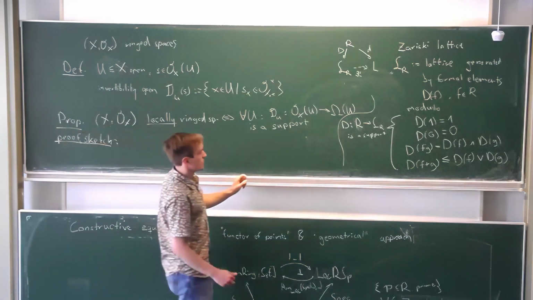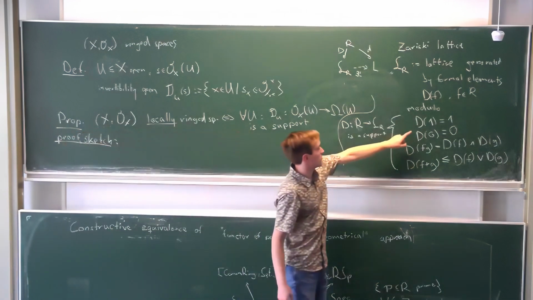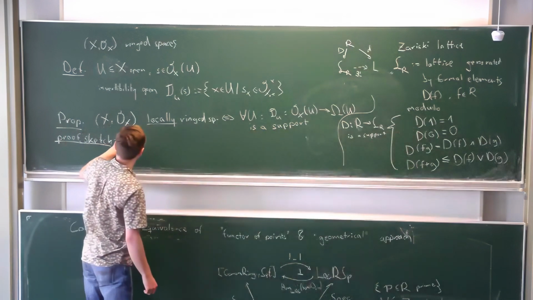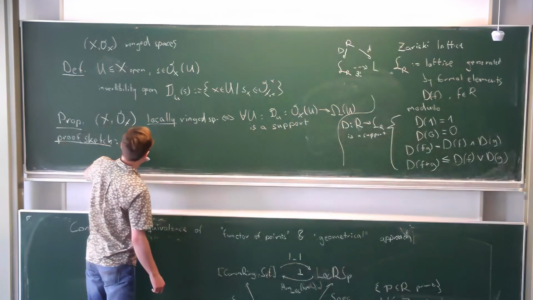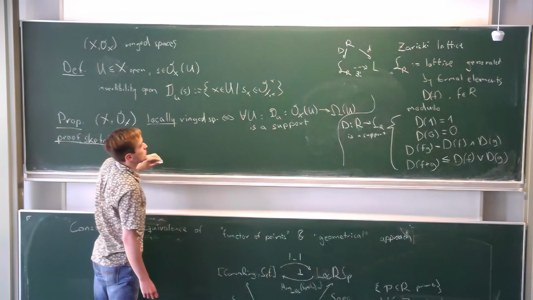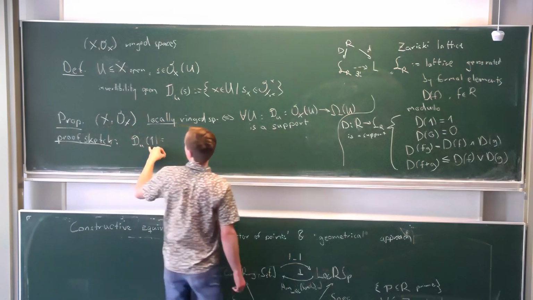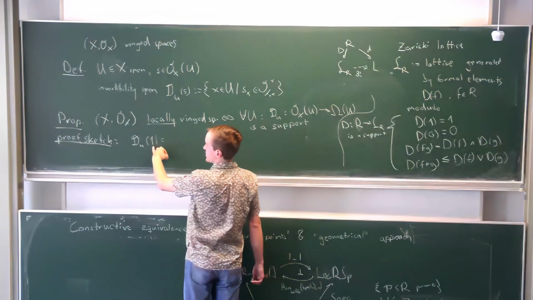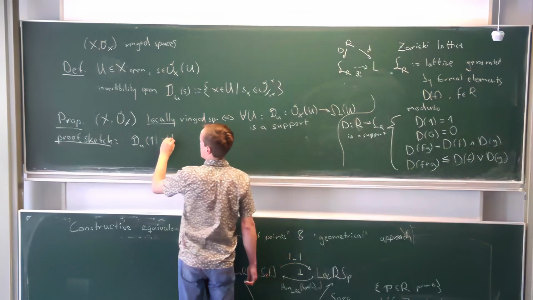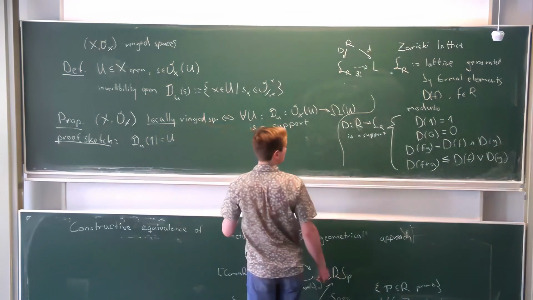Well, the invertibility open of 1 is always U itself, right? Because 1 is already a unit.